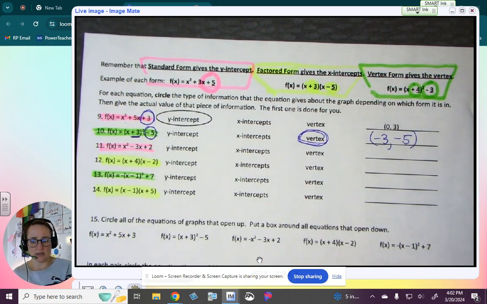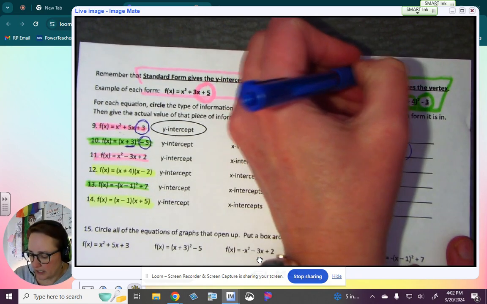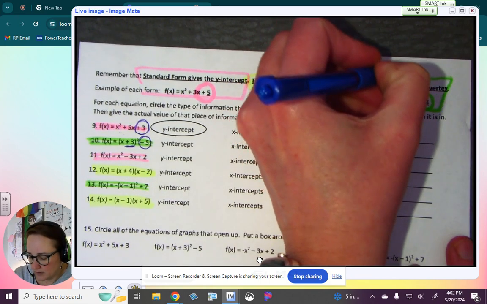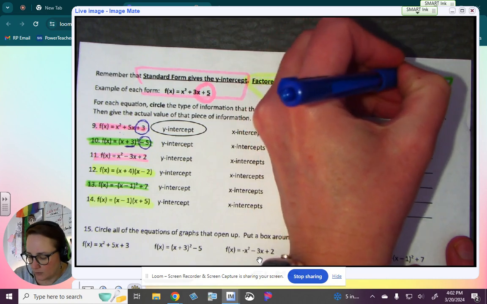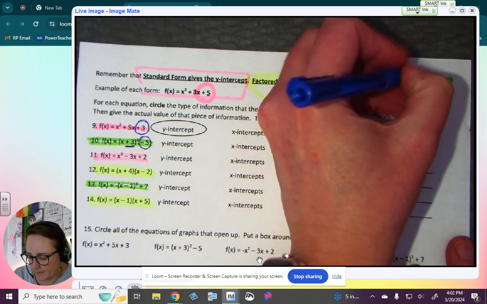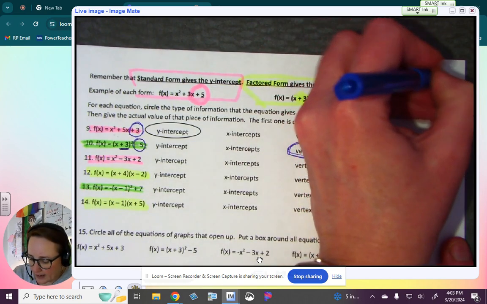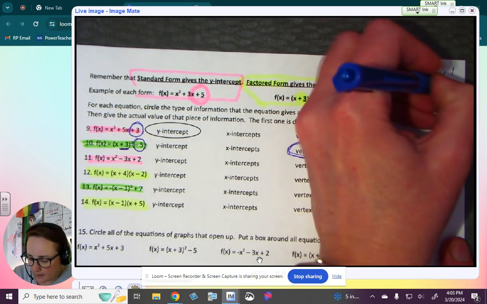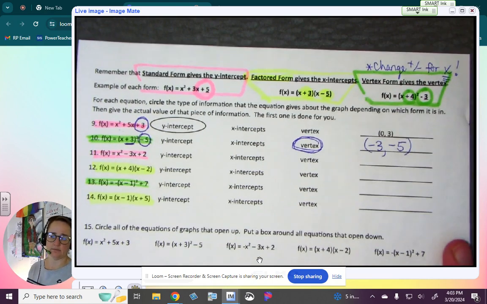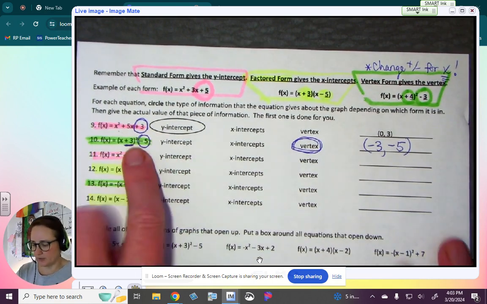I don't have to do anything to it. Remember that we only change the positive or the negative for the x coordinate. This +3 became a -3.